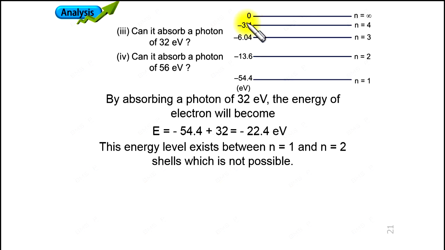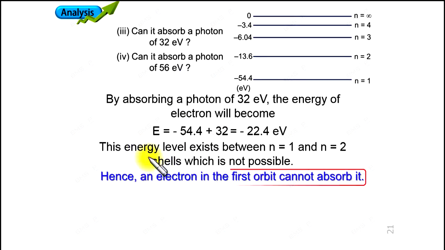That means after getting this much energy, this electron will escape from the atom. That means the remaining energy, that is 56 minus 54.4, will be available to the electron as kinetic energy. This energy absorption is possible.